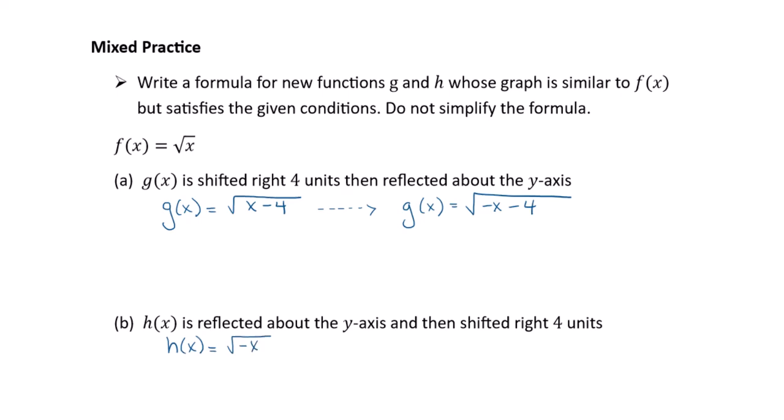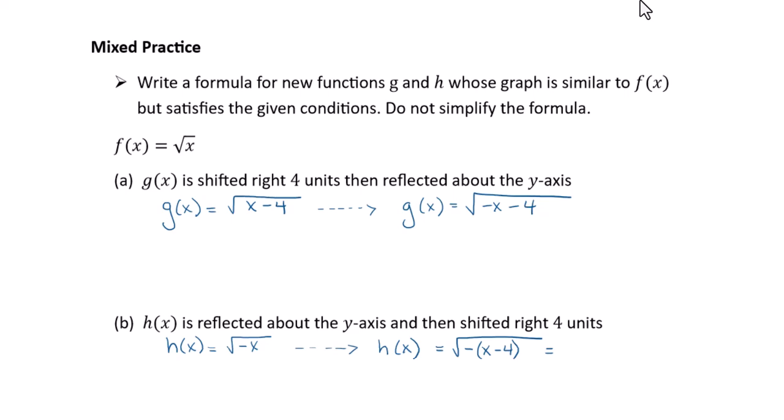And then we want to shift this right 4 units. So in applying that transformation, we'll have the square root of negative, replacing the x with an x minus 4 to shift it right 4 units.